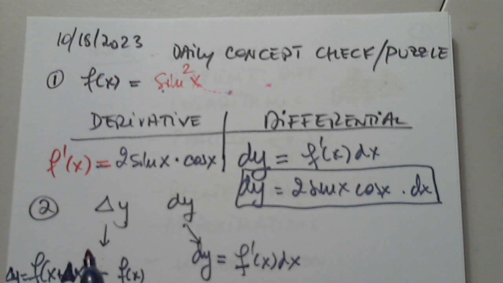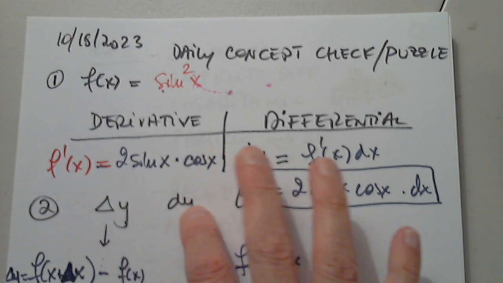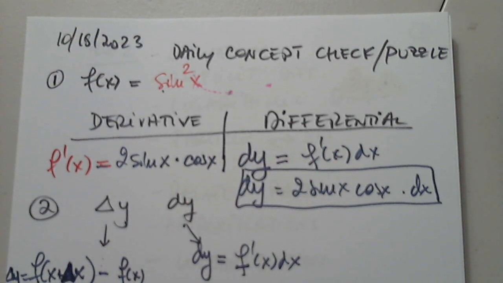Are they equal? Is one bigger than the other? How do we know? Anyone?